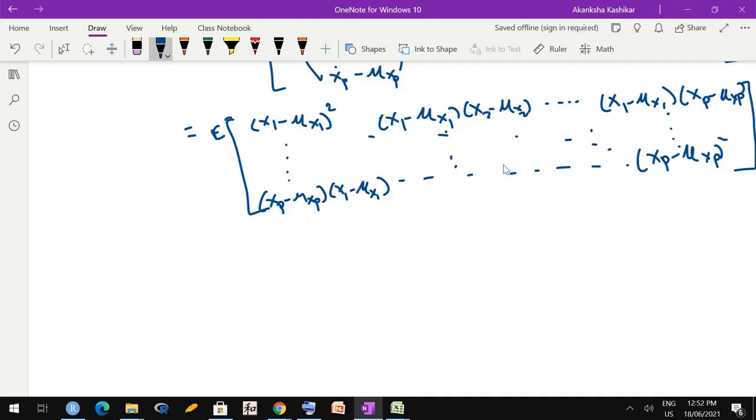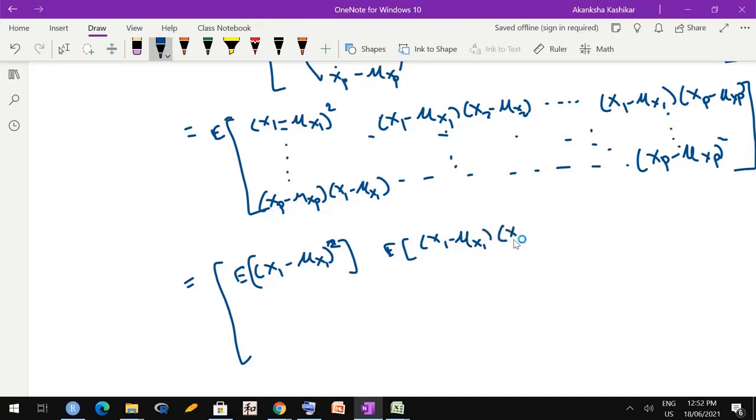So here is another instance why I need expectation of a matrix. Now expectation of this matrix would be, by the formula that we saw just now, matrix of expectations of the individual components. So I have expectation of x1 minus mu x1 square, then expectation of x1 minus mu x1 into x2 minus mu x2 and so on.